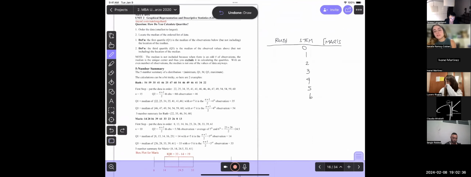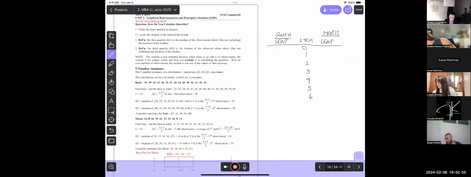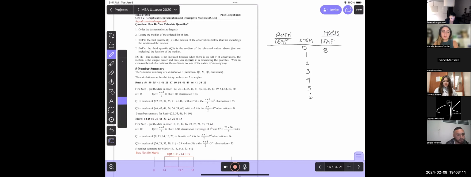I'm going to do it like this. And I'm going to transcribe what we see there for Maris onto here. So for Maris, he has 8. The first thing to do is to go here to Maris and put these numbers in order. So here they are in order.